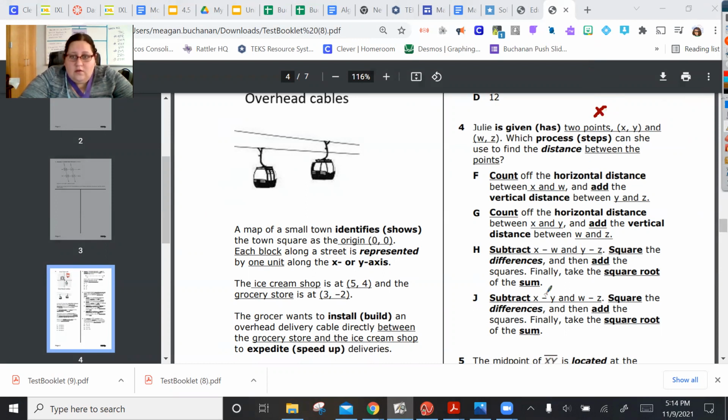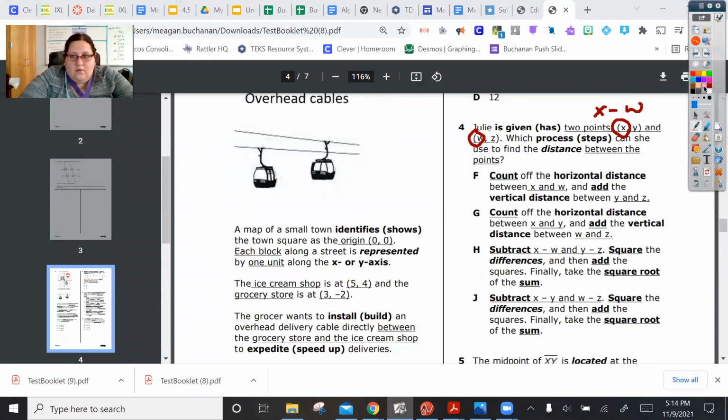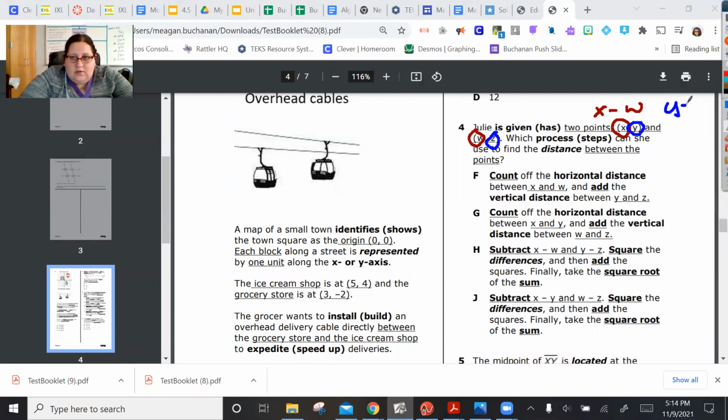So we're going to subtract x and w. Make sure you're subtracting the correct coordinates. So x minus w or w minus x. When you square it, it does not matter. And then we're going to find the other one, which is y and z. So y minus z, or the other way, they're going to be squared.